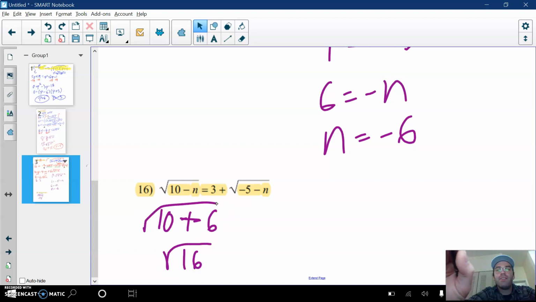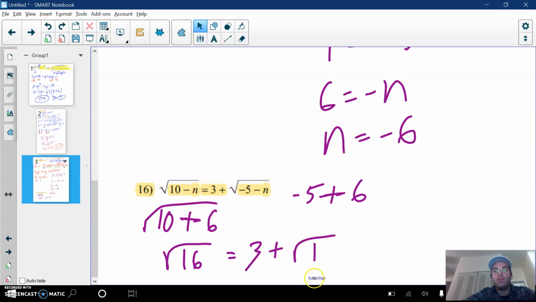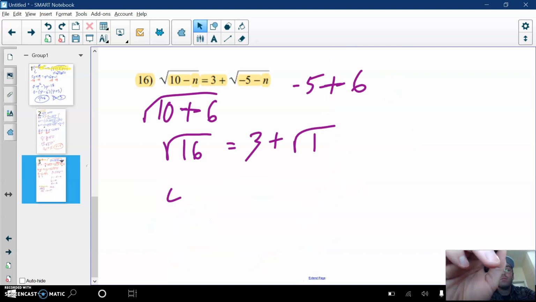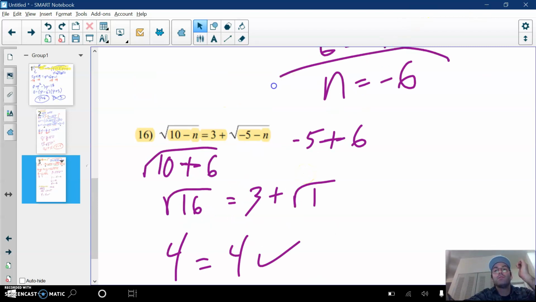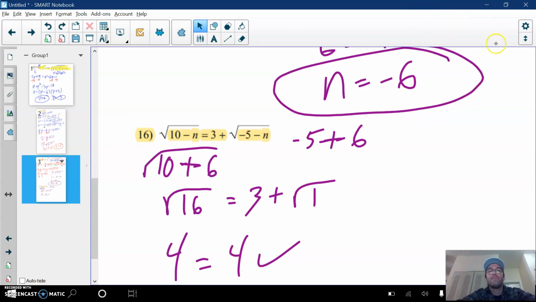And this is negative 5 minus negative 6, plus 3 plus root 1. Uh-oh. This might actually work. Root 16 is 4. Square root of 1 is 1. 4. Holy buckets. It checks out. A negative answer works. I get n equals negative 6. There it is.